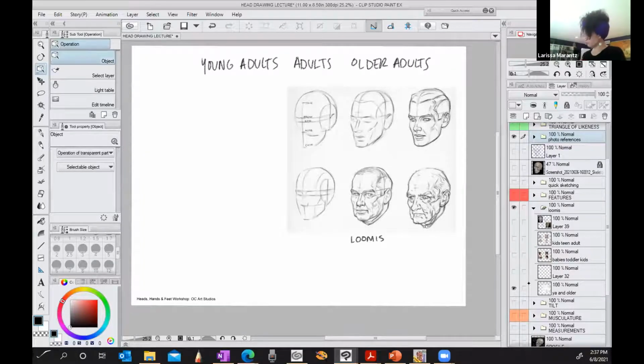Okay, so for drawing young adults and older adults, that's basically what this head structure is for. It's for drawing your average adult head shape. The structure of the skull won't change as you get older, but the features on the face change, and that's where we want to be able to define the variances between an adult and an older adult.